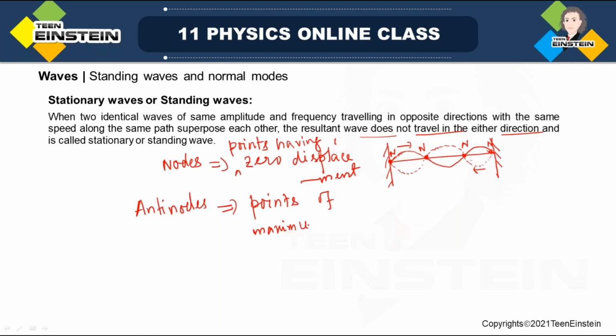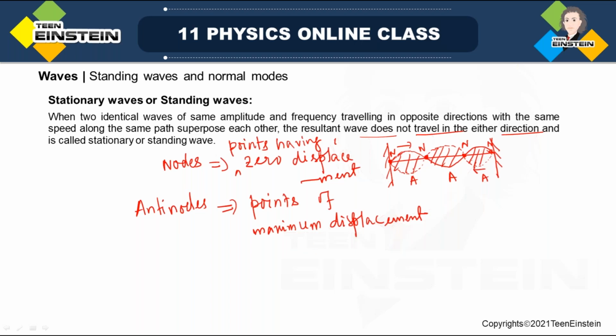I hope it is understandable. Here the material particles, or the element of the string, are displacing maximum. So that's why these points are called antinodes. These lobes are called antinodes.